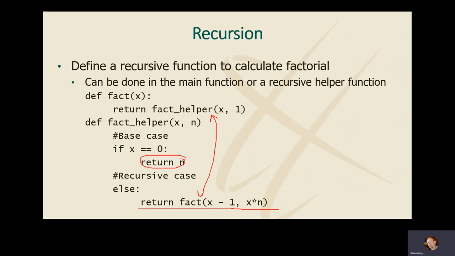It doesn't calculate anything on the way out. I suppose the other one goes 5 times fact 4, which is really 4 times fact 3. This guy's got to return all these states and put everything back from the call stack.